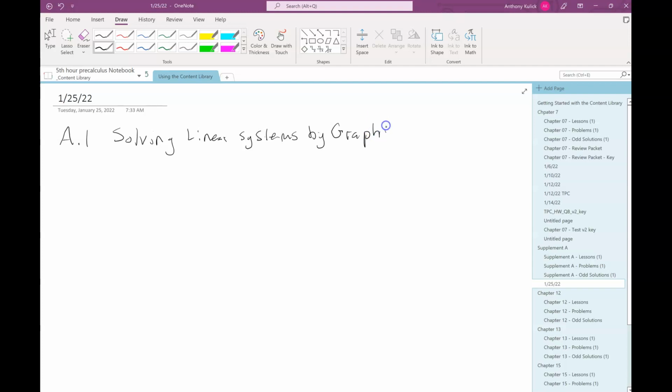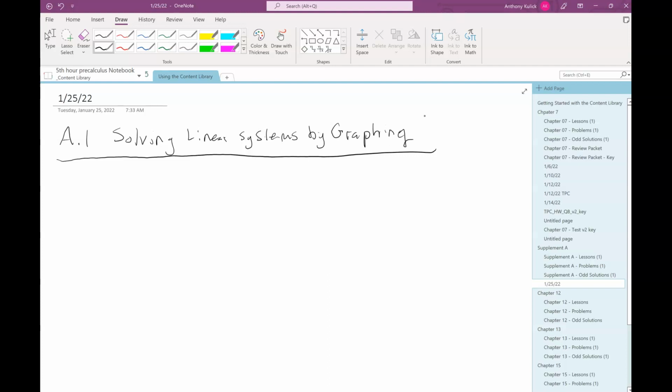Now, you should remember this topic from your Algebra 2 course last year. Largely, this chapter is a rehashing of things that we've already done in our Algebra 2 class, so things should look pretty familiar.